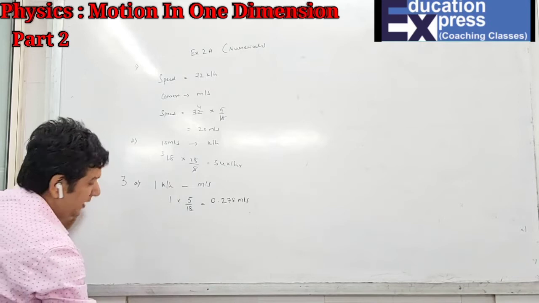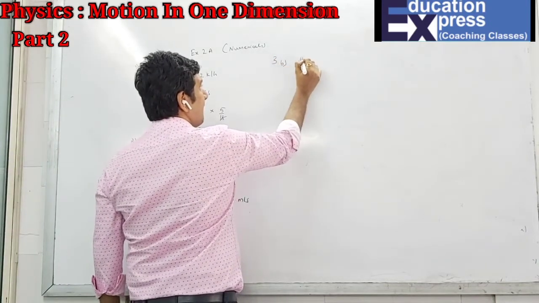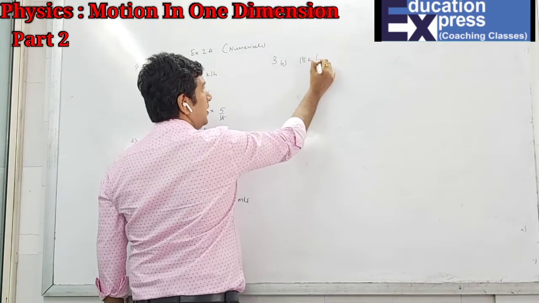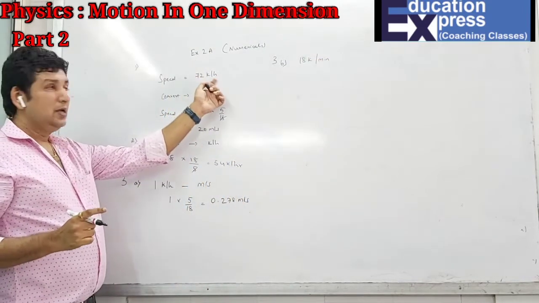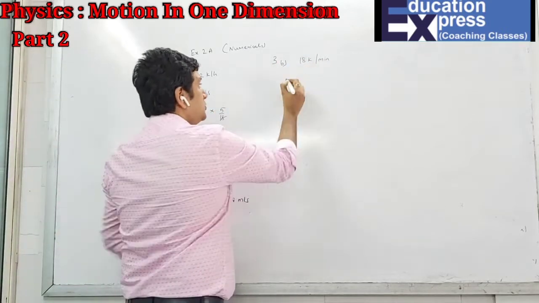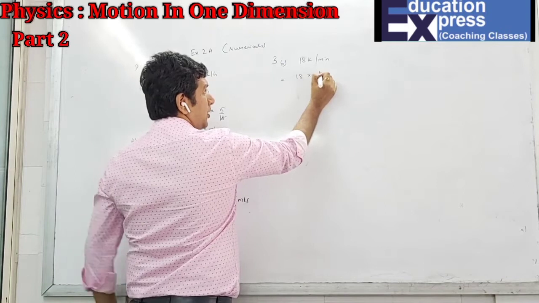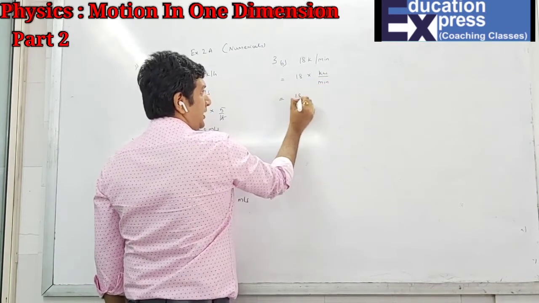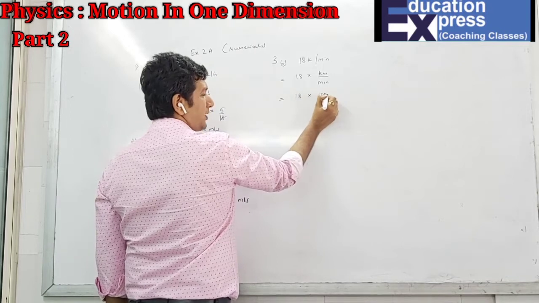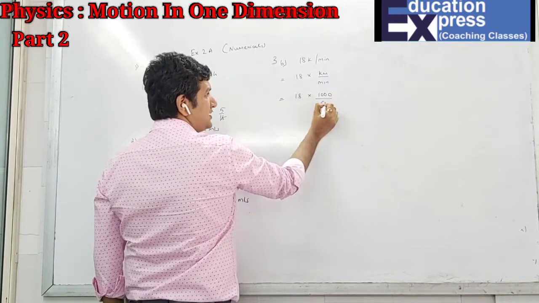And second part, where they have asked 18 kilometers per minute. Third ka B, 18 kilometers per minute. So very important, it's not kilometers per hour, it's kilometers per minute. So convert this into meter per second, 18 kilometers per minute. 1 kilometer is 1000 meters, and 1 minute is how many seconds? 60.